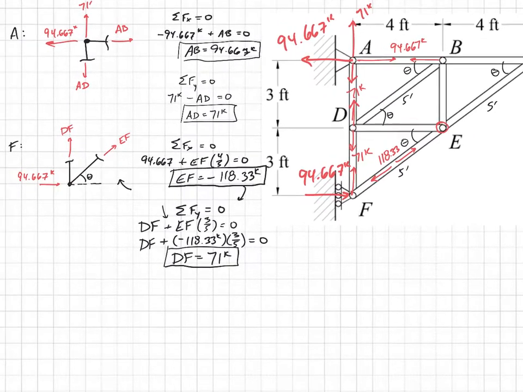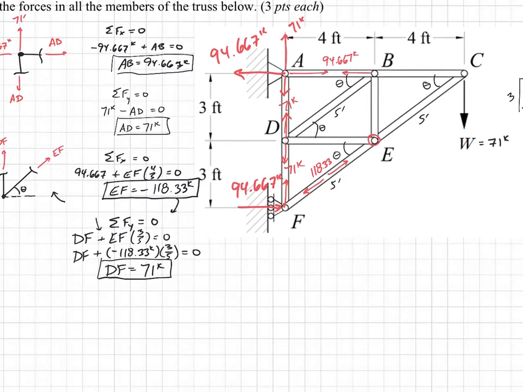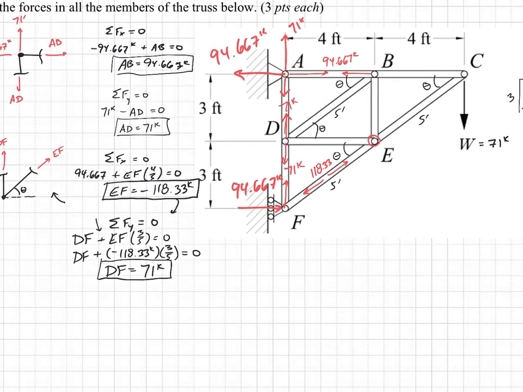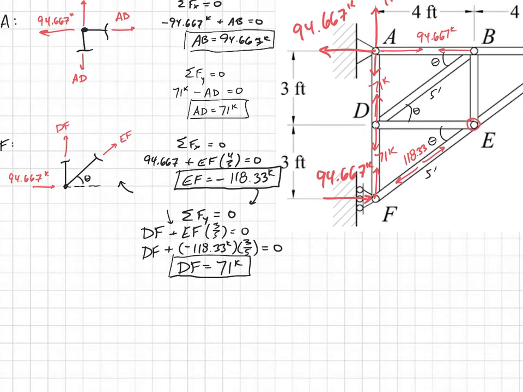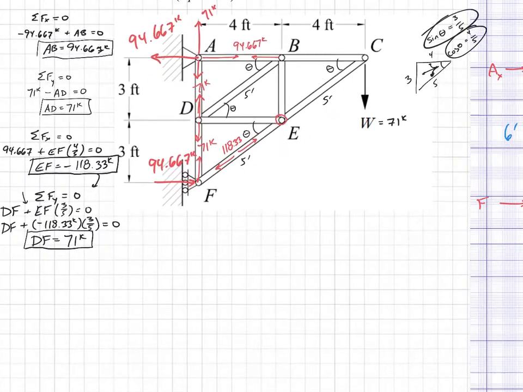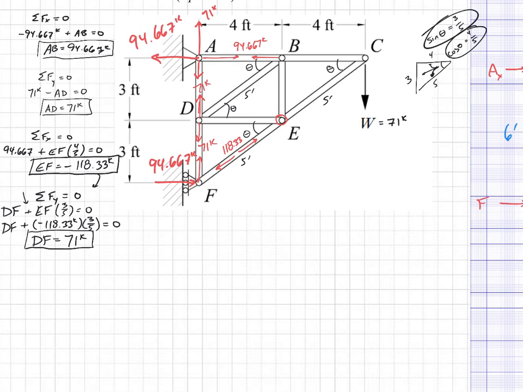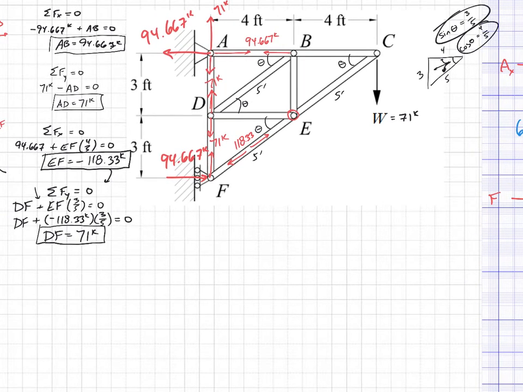If you're really clever, you can see that both of these are going to end up being 0, but we're going to go ahead and solve for that. So we're going to do joint D. I'll do it over here so we can actually see D as I write it. So here's D.